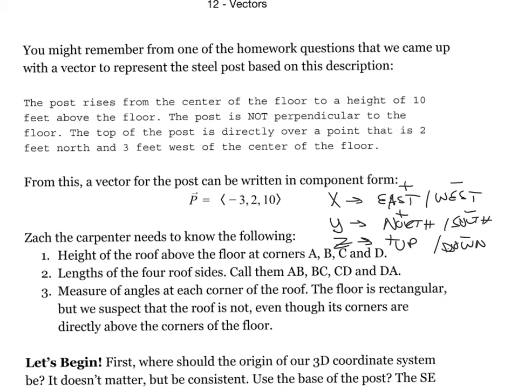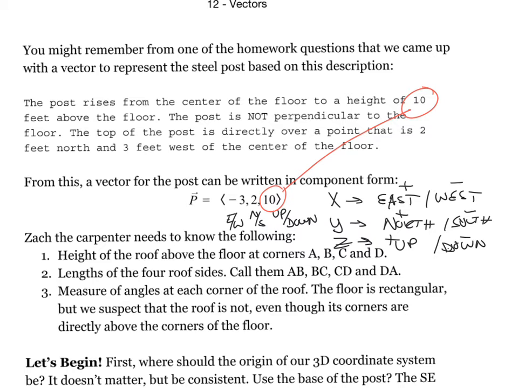So if you look at the three components of this vector, the first component, the x component, is the east-west component. The second component is the north-south component. And the third is the up and down. You'll notice right away that the third component, the up-down or z component, is 10. And that 10 is coming from this piece of the description: the post rises from the floor to a height of 10 feet above the floor.